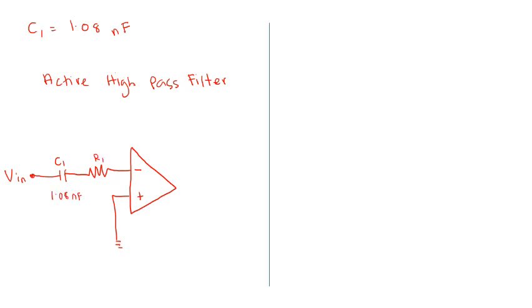This is R1, 10 kilo ohm. Then we have another feedback resistor, to V out, it is RF, equivalent to 100 kilo ohm. So this is the complete diagram for the active high pass filter.